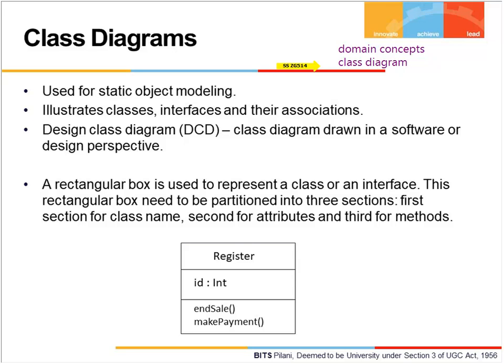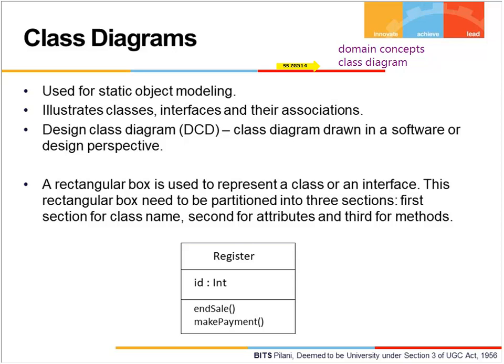There was a small black arrow that we had put in front of the relationship to depict the reading direction, plus the end of the relationship line or the association line had a multiplicity written at both the ends, right? This was the notation that we followed for the domain concept.